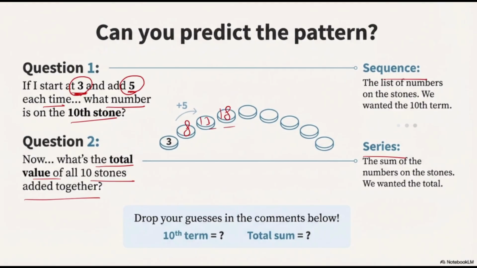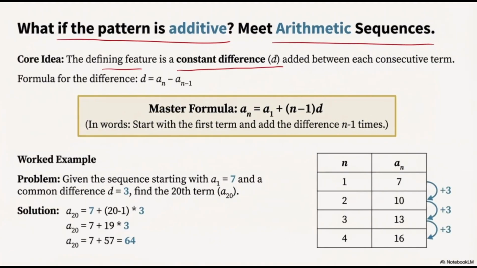You see that the number that you're adding is not changing. So this number is a constant difference that is added between each consecutive term. It means that between the current term and the previous term, the difference is something constant, which we call the constant difference.